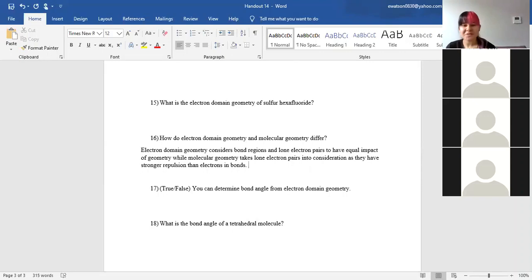The electron domain geometry considers those bond regions and those lone electron pairs to have the same amount of repulsion. It doesn't really differentiate between the two. Whereas the molecular geometry looks at the number of lone electron pairs that you have, and lone electron pairs are going to have a higher repulsion than those electrons in the bonds. They really just don't want to be messed with. They take up a ton of space. So they're going to have an impact on how that molecule is actually going to look. Does that make sense?